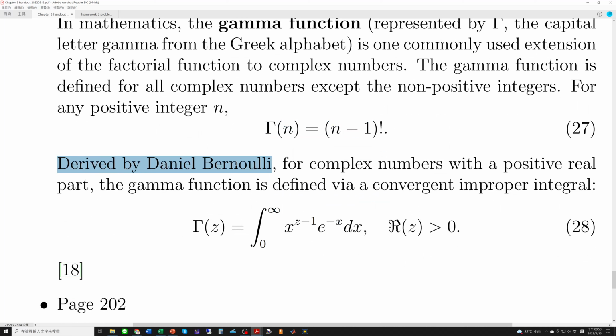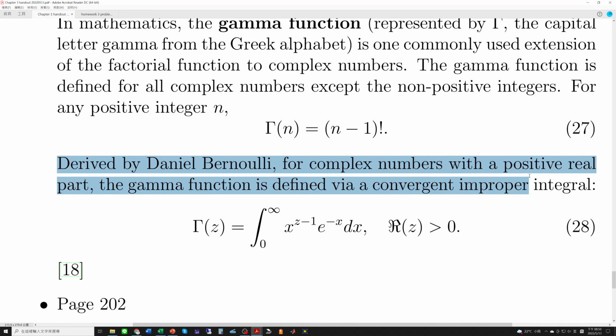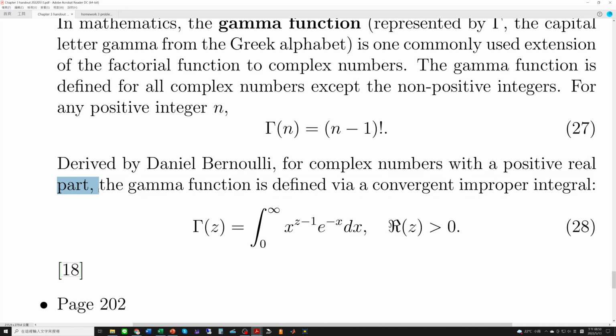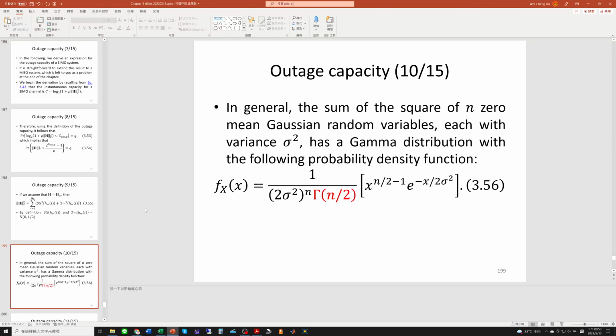Derived by Daniel Bernoulli, for complex numbers with a positive real part, the gamma function is defined via a convergent improper integral: gamma of z is equal to the integral from 0 to infinity of x to the power of z minus 1 times exponential of minus x dx, where the real part of z is greater than 0. Let us go back to the slides.